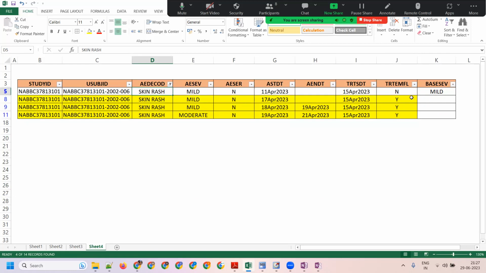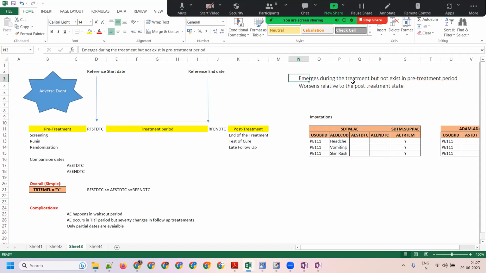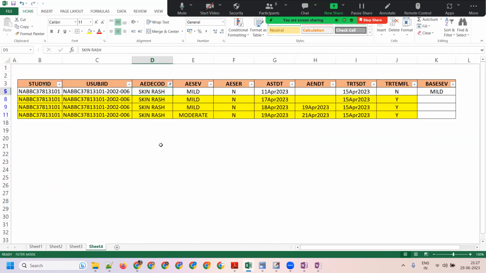So this time, I cannot directly give that one a treatment emergent flag of yes. Directly, I cannot give because it has existence in the pre-treatment period. See this. Emergence during the treatment period, but does it exist in the pre-treatment period? Yes or no?